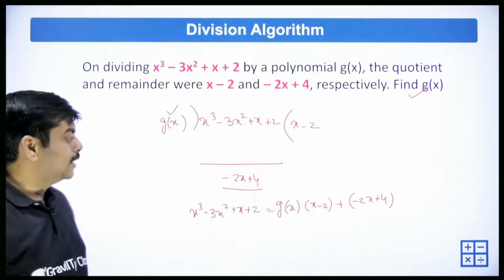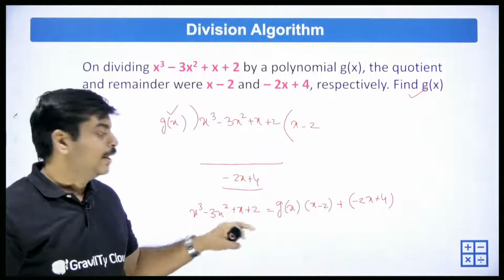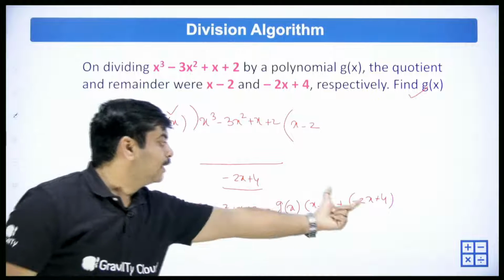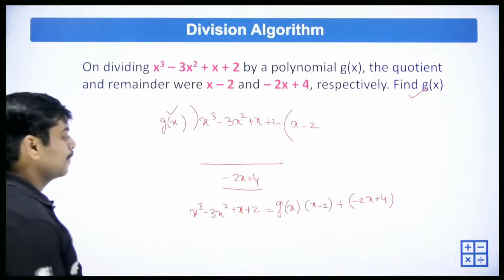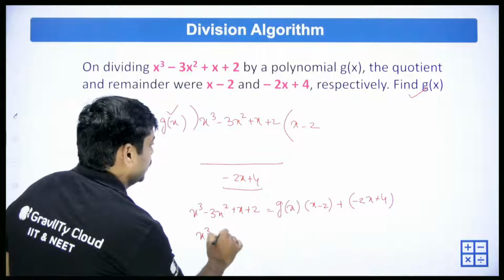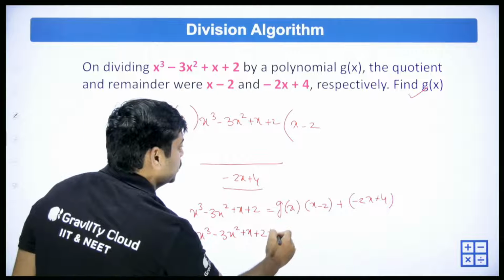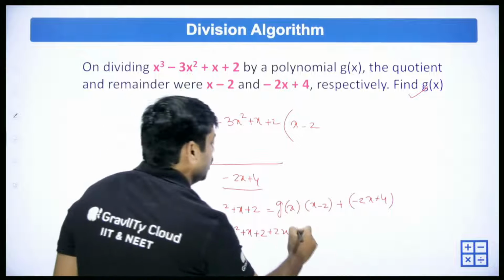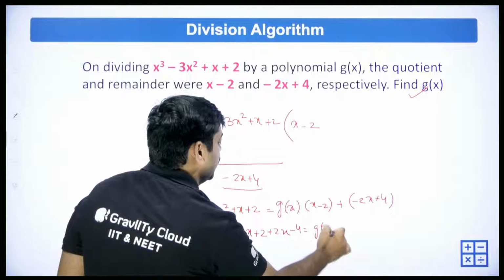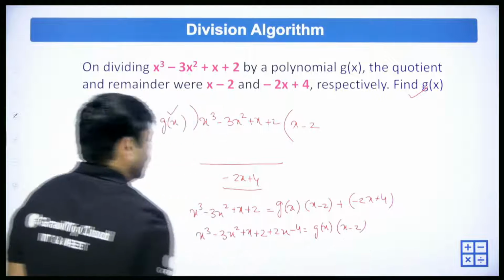Now if you expand this and do it properly, you will get g of x. So try to bring this minus 2x plus 4 over. X cube minus 3x square plus x plus 2, minus 2x will come here, plus 2x, plus 4 will come here, minus 4, is equal to g of x into x minus 2. So what will we get?